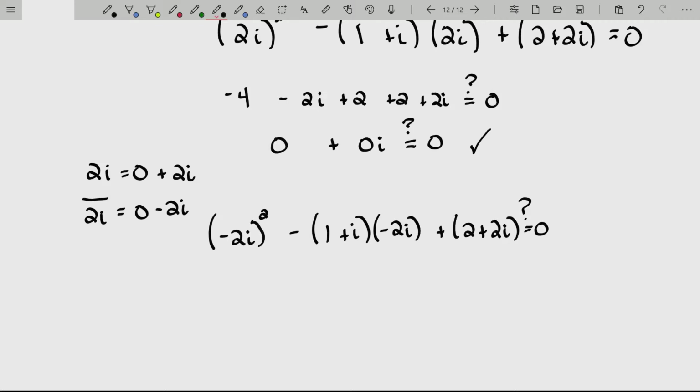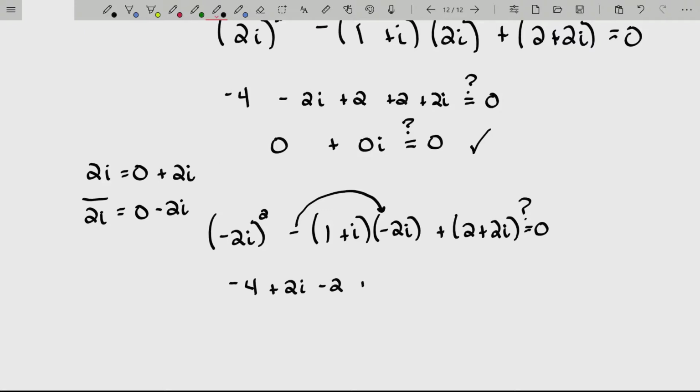Well, let's see. Negative 2i squared is going to be 4 with an i squared, or a negative 4. So far, so good. Distribute this negative. I'll do a negative times negative 2i, so it's a positive 2i times 1, and a positive 2i times i, which is a minus 2.